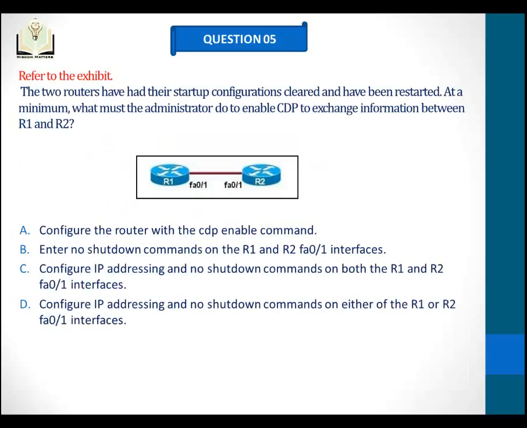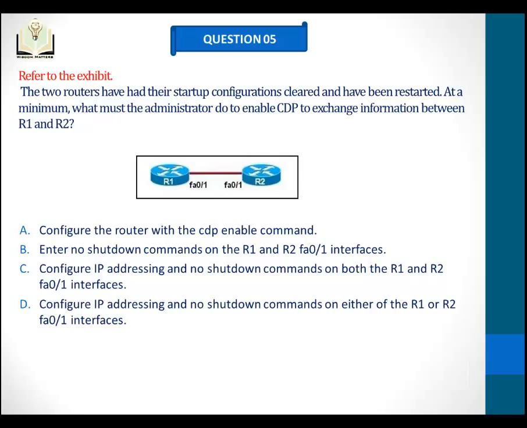Refer to the exhibit for question 5. These two routers are given here. The two routers have had their startup configuration cleared and have been restarted. At a minimum, what must the administrator do to enable CDP to exchange information between router 1 and router 2? A. Configure the router with the CDP enable command.